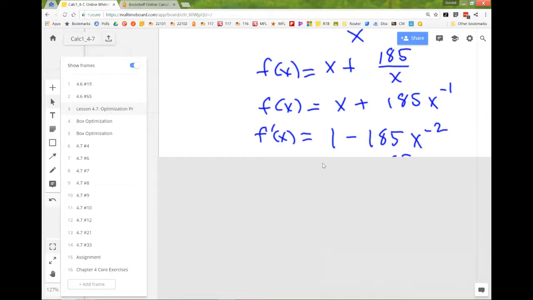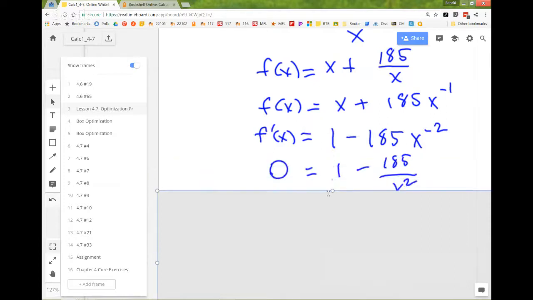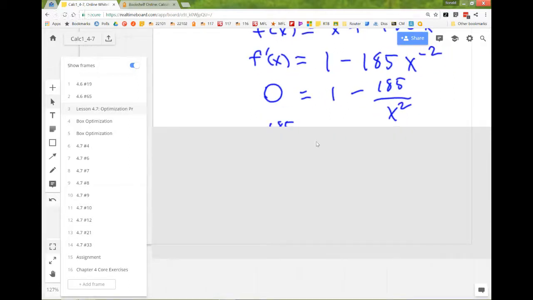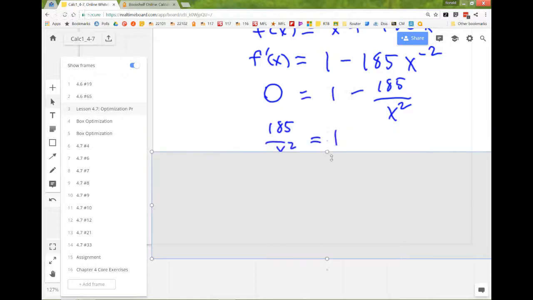And now what do we do? Once you found the derivative, you set the derivative equal to 0. Okay, so that's the next step. And then I rewrote negative 185 x to the negative 2. I went back to getting rid of negative exponents. All right, so we solved that. We should be able to find where it's a minimum.